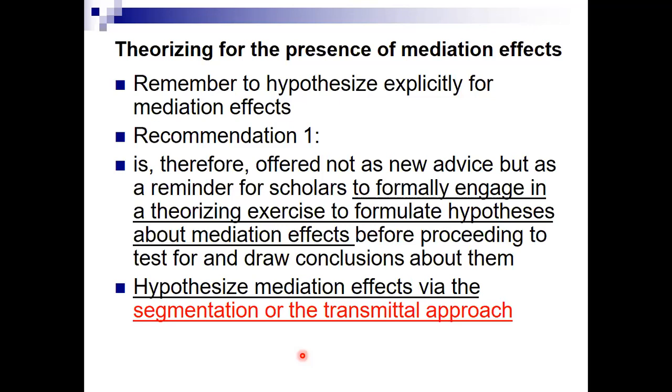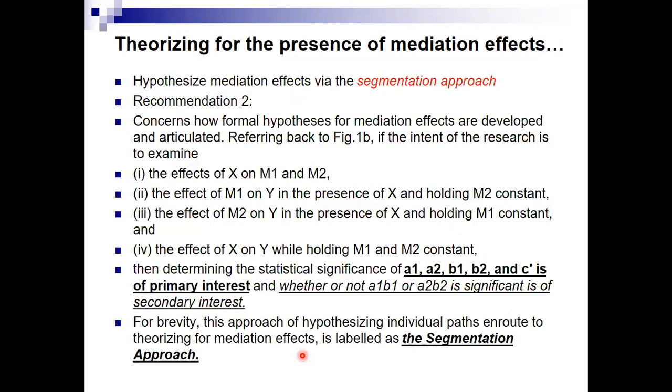That is, you are supposed to formally engage in a theorizing exercise to formulate hypotheses about mediation effects before you proceed to tests and the other processes. You have to hypothesize mediation via either of the 2 approaches, the segmentation approach, which goes step by step, or the transmitter approach. That's recommendation number 1.